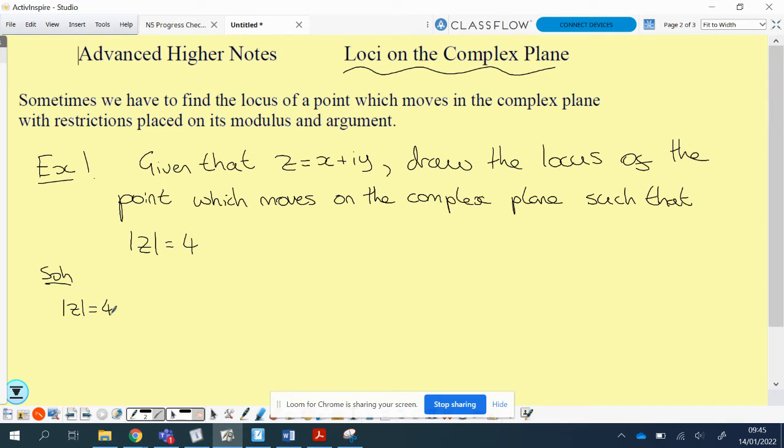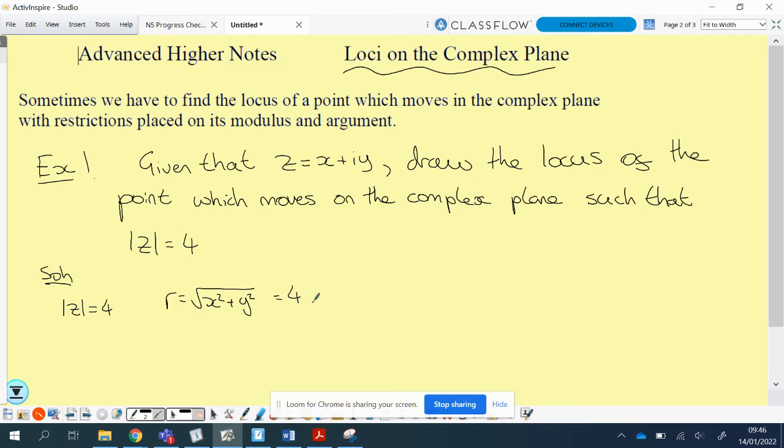And r is worked out as the square root of x squared plus y squared, the two numbers attached to a complex number. Because we've been told the modulus is 4, the size of r has to be 4 as well.